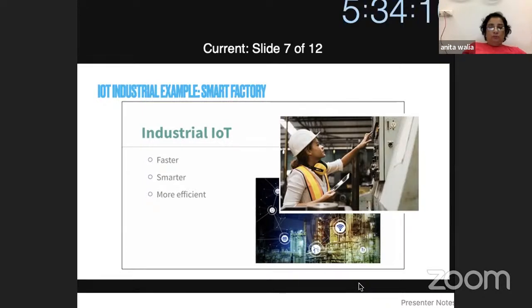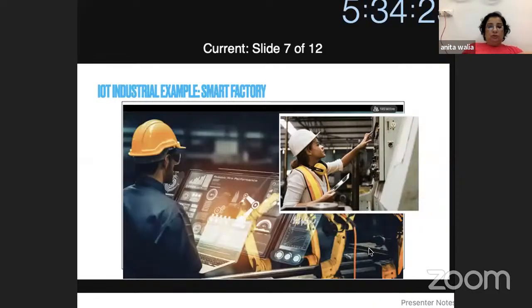Also, in a smart factory, when we are using sensors and devices, the machines communicate with each other, and the data are exchanged in real time using a secure network connection. Monitoring happens from a remote location or from a control room.